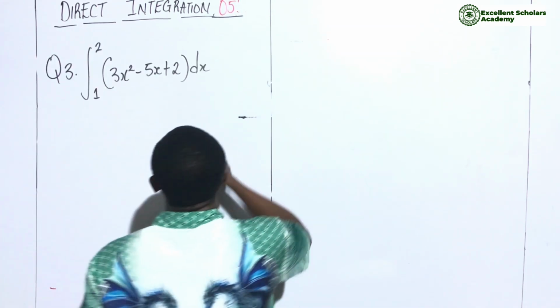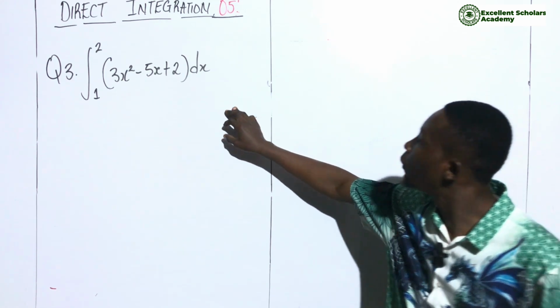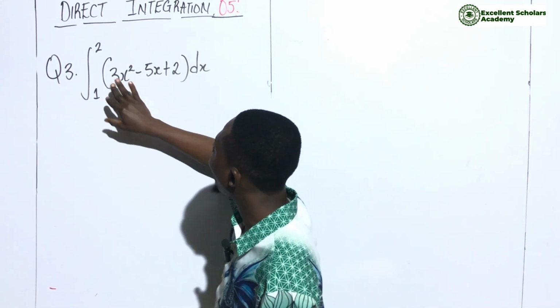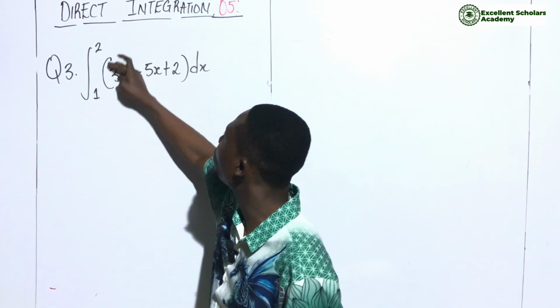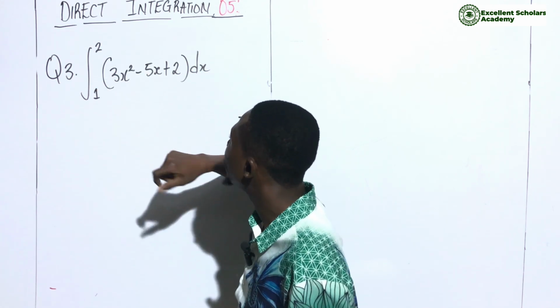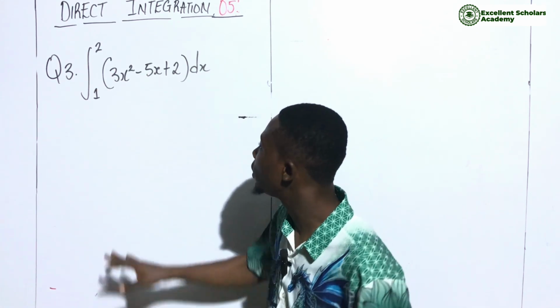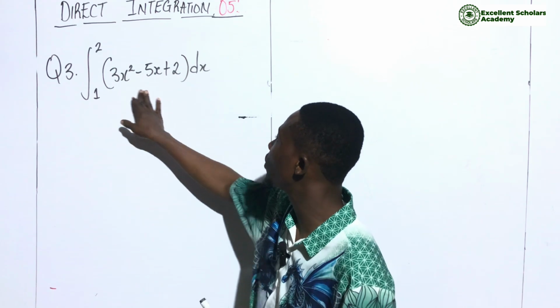So this is the next question we're about to solve. Now, I guess this might be confusing you, this you see here. I'm going to explain it carefully, but the first thing we have to do is to integrate this.